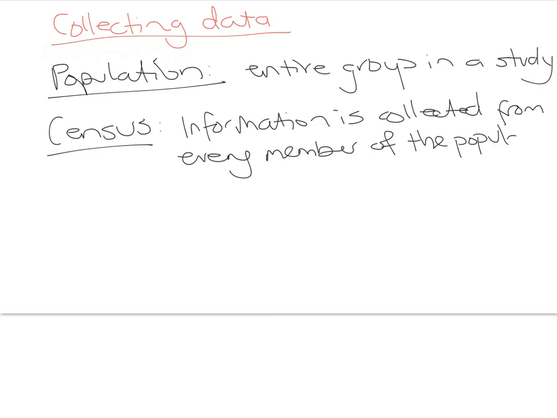So if the entire population is surveyed, we call it a census, which is what happens in Australia every 5 years. Now, this isn't a very practical way to collect information, as said, so we often use a sample.